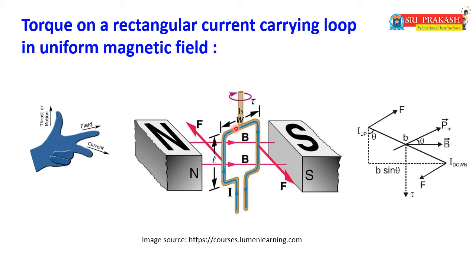For example, if the current goes up and afterwards goes inside, then current direction inward and magnetic field direction from north to south. Keep your left hand middle finger inward and forefinger from north to south, then the thumb indicates downward.